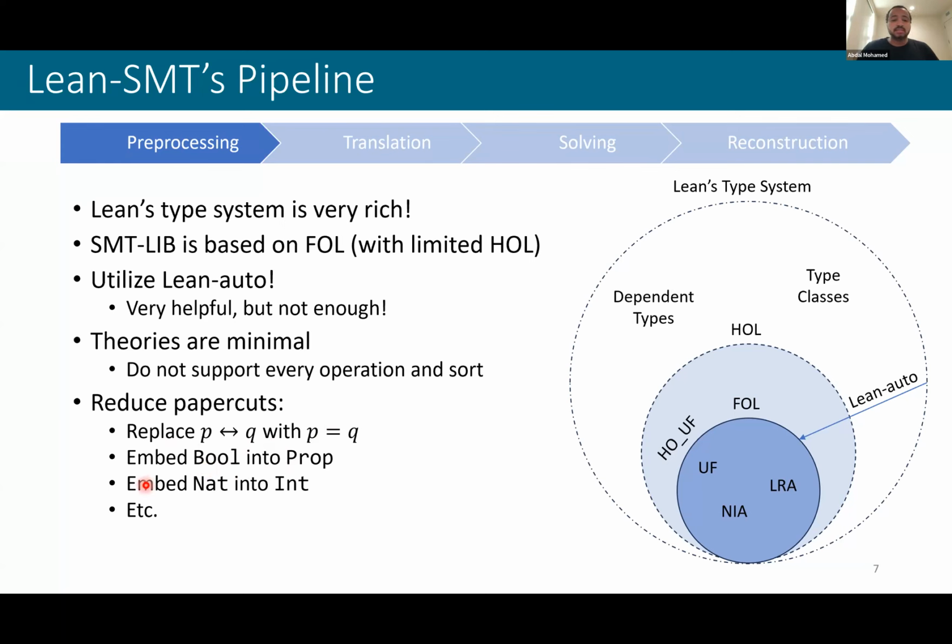And then SMT solvers also don't support naturals, so we can embed those into integers and then add, of course, the necessary assertions about the values of the integers and then send that problem into the SMT solver. There are many other examples of these paper cuts. So what the pre-processing step does is it tries to remove all of those problems before the translation.